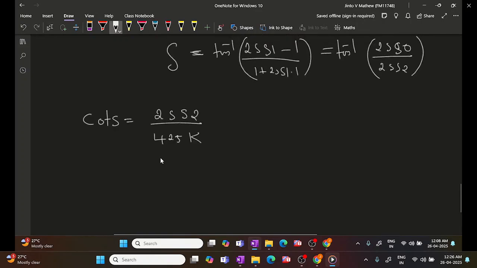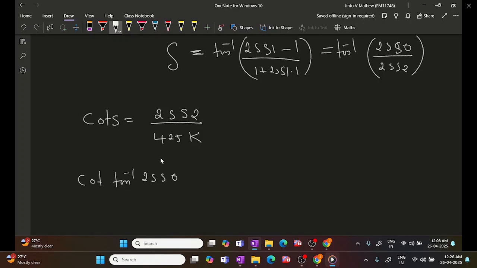So what is S here? So it is cot of tan inverse 2550 by 2552 is equal to 2552 by 425k.